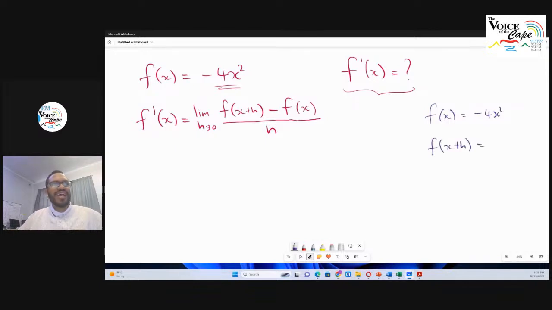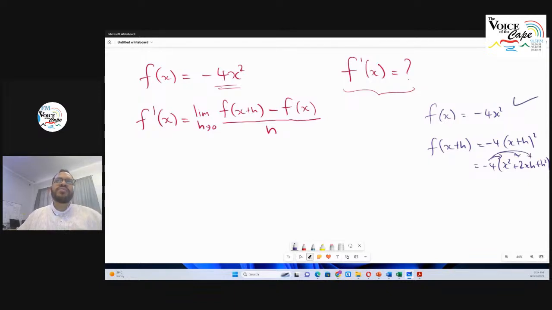I'm doing it here on the side so that I can easily substitute it in over there. This is going to be minus 4 into x plus h all squared. This whole thing is going to be x squared plus 2xh plus h squared. You can multiply that whole thing out and simplify it if you want to. I'm going to just indicate where the simplification will take place, and then we'll substitute it in over here.